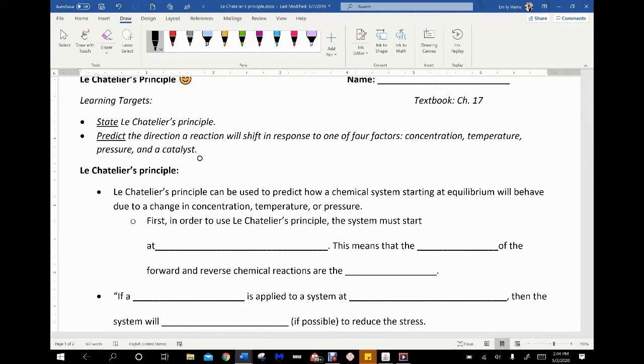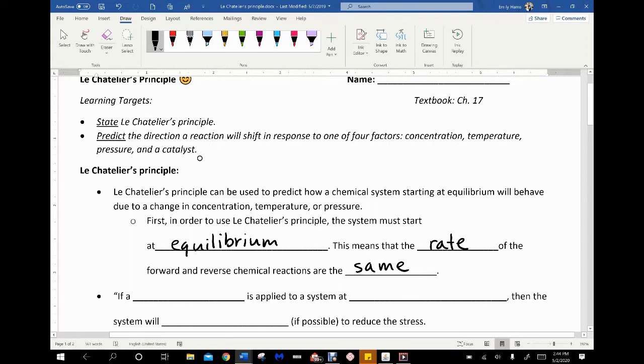What LeChatelier's principle allows us to do is predict how the reaction will react to certain stresses that we apply. But first, anytime we're going to apply this principle, it's important that our system is starting at equilibrium. Like we talked about in the simulation, that means the rate of the forward reaction is equal to the rate of the reverse chemical reaction.